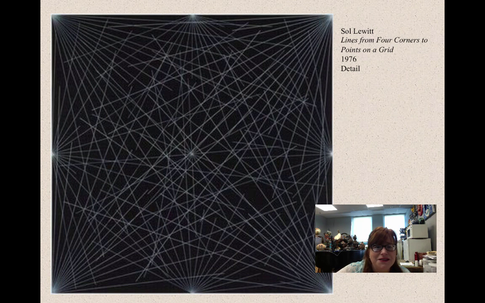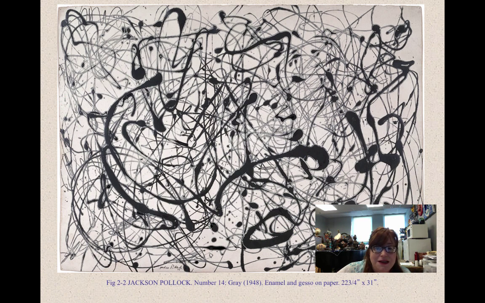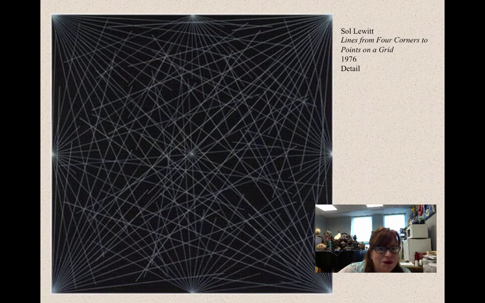And he designed it in such a way that all of the lines are supposed to be of exactly the same length, which when you look at this detail, it's kind of hard to see. But you can also see that they are all about the same width at the very least. So when you look at this versus this, think to yourself, what looks more expressive? Is this more expressive, or is this?